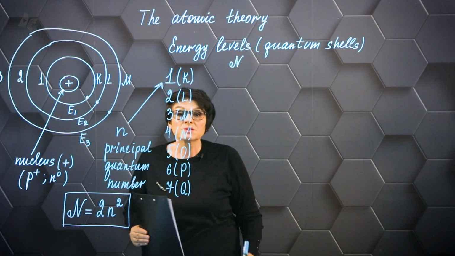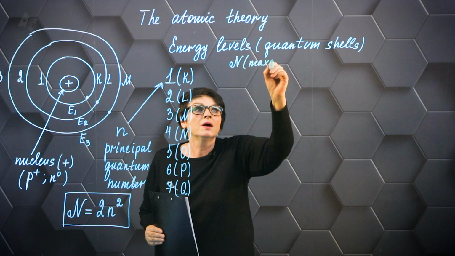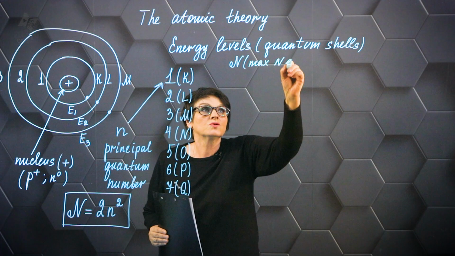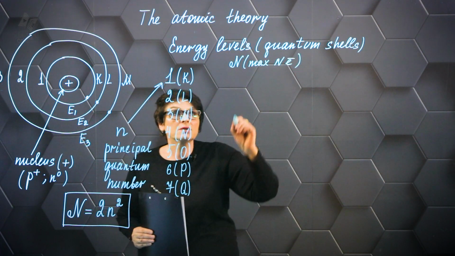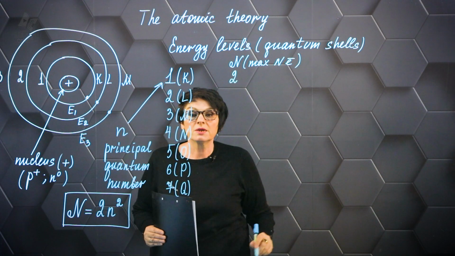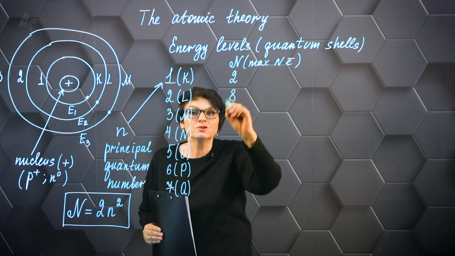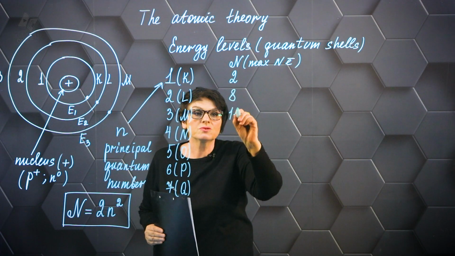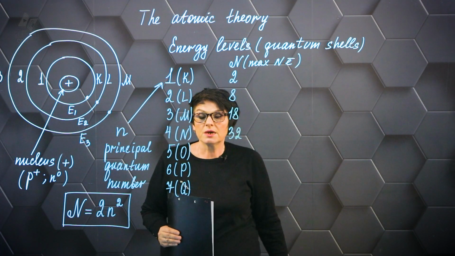N, this will be the maximum number of electrons at a given energy level. Then substituting 1 we get 2 electrons. Substituting for the second level, it will be 8. At the third level it will be 18. At the fourth level it will be 32, and so on.